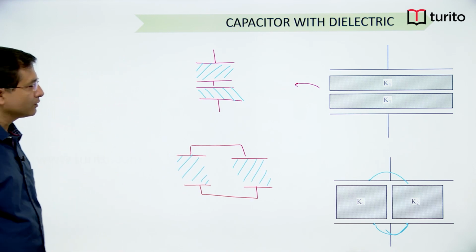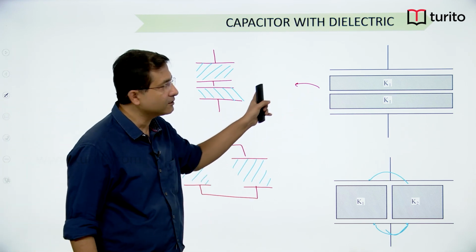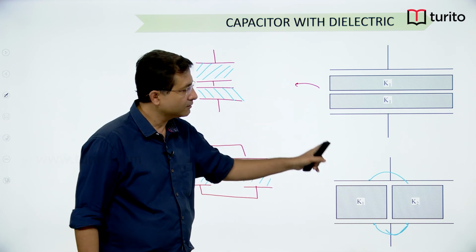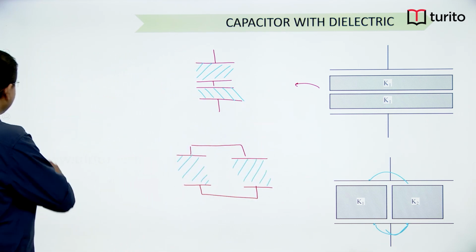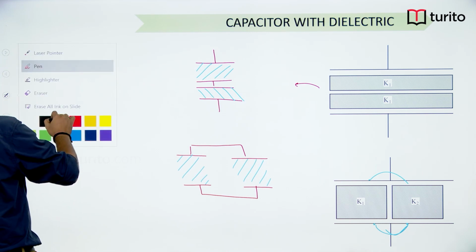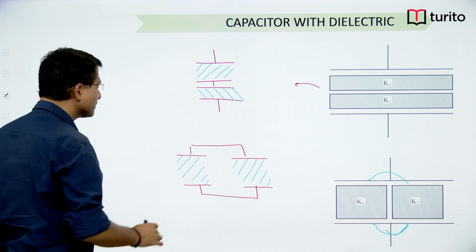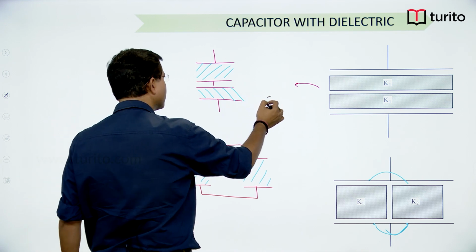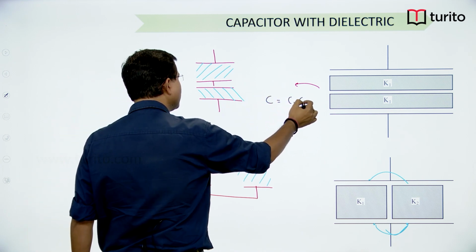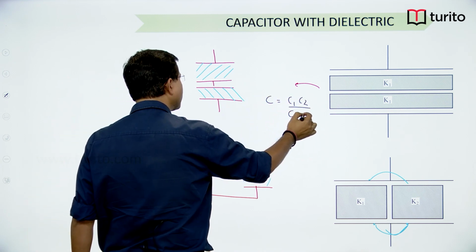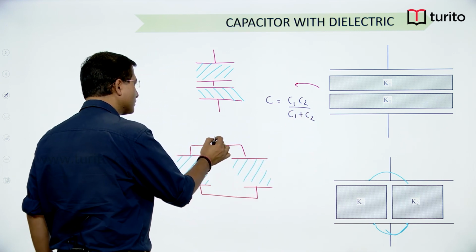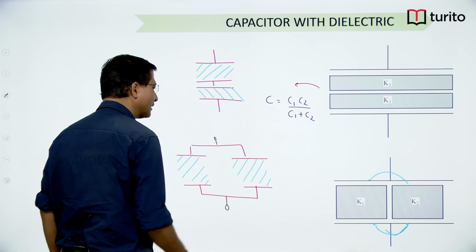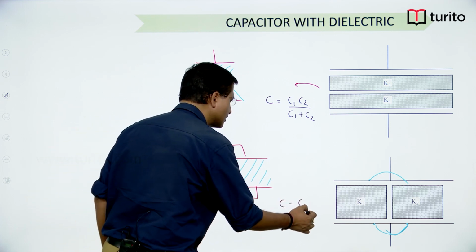Right. So here I can see this as a series combination and this one as a parallel combination, and if I want to write the capacitance, see, the series combination formula is what? C1 C2 upon C1 plus C2, while in this situation I need to use the parallel combination formula, that is C1 plus C2.